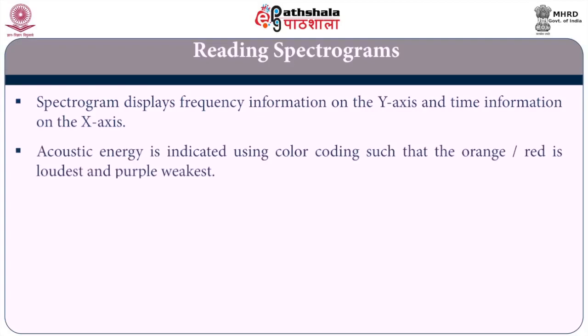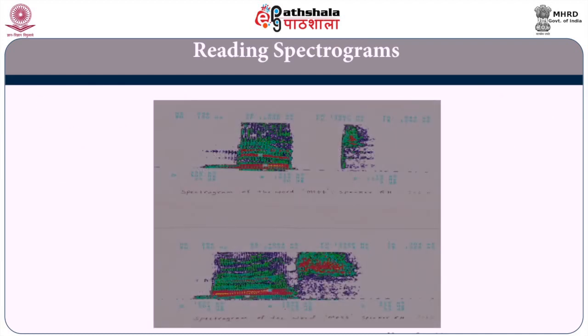Acoustic energy is indicated using color coding. Since I am going to show you color spectrograms, you have to know that red or orange indicates loudest, that is, acoustic energy is maximum in the area marked by red, and purple is the weakest. Please remember this when you are looking at the spectrograms.